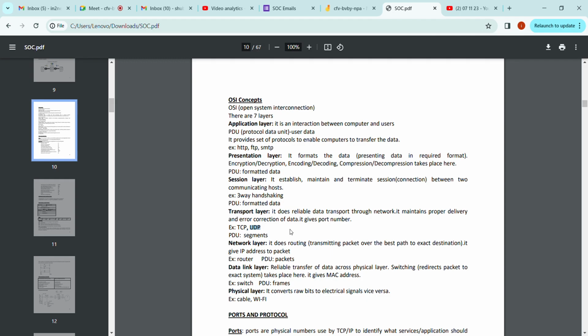And if it is data related to emails or messaging, here you don't want to miss any of the data packets. Whatever you have drafted, you want to send to the end receiver error free.